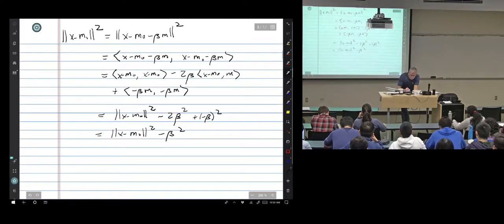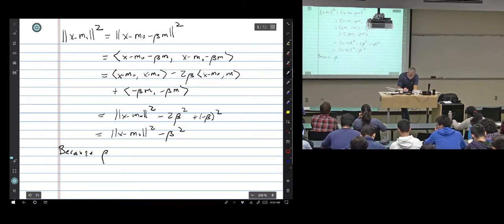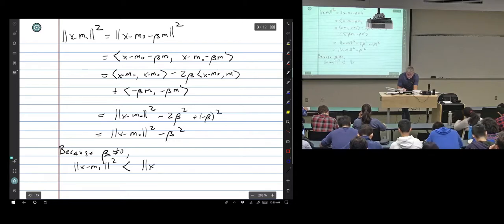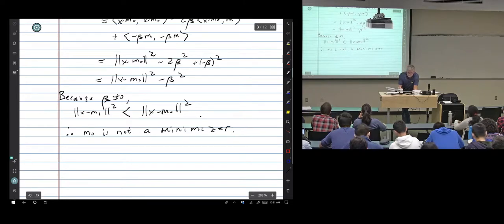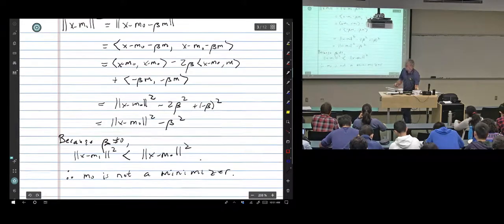Okay, so because beta is not equal to 0, the norm of x minus M1 squared is strictly less. So conclusion, M0 is not a minimizer. Okay.